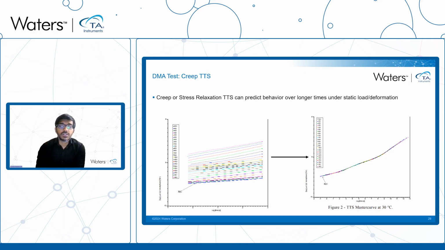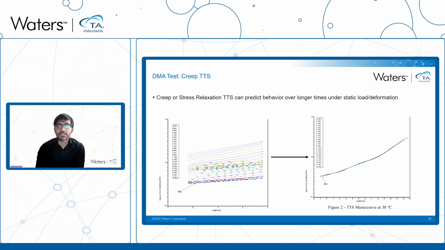Here, the shift factor is determined utilizing empirical mathematical models such as the WLF model, which is extensively studied in both academia and industry, and you can find a lot of available online resources to learn more about this method. Now, this curve represents an estimated creep response over a long duration under creep loading at a reference temperature of 30 degrees Celsius.